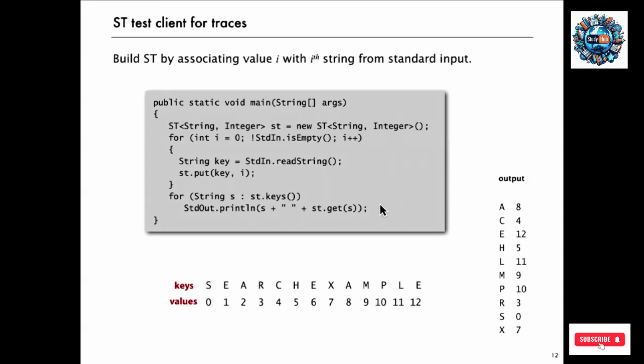And notice it's an associative array implementation. For example, we have two E's, and at the end, E is associated with value 12, the place where it most recently appeared. We could also keep these things in a bag and do a client that gives all the positions that appeared. This is a simple indexing client that we use for our traces.